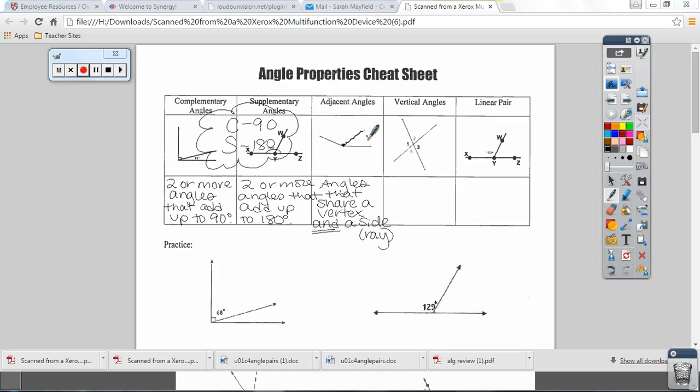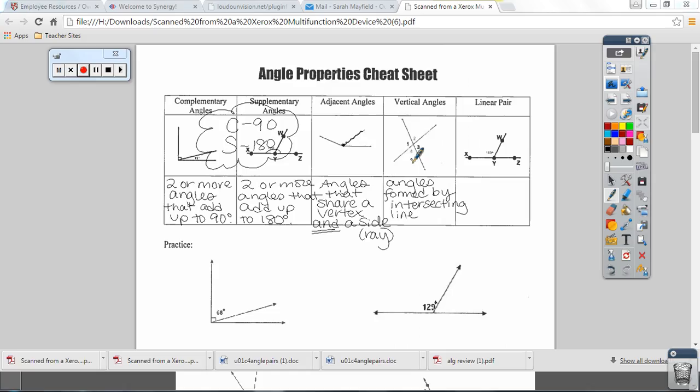All right? Vertical angles. Vertical angles are angles formed by intersecting lines. Okay? Notice when my 2 lines intersect, I have angles that are formed. Now there's something special about these angles.